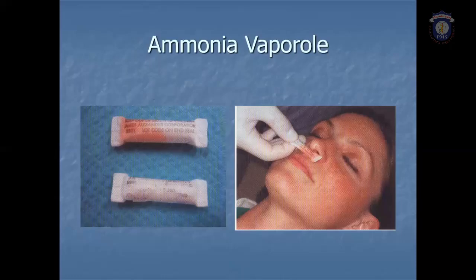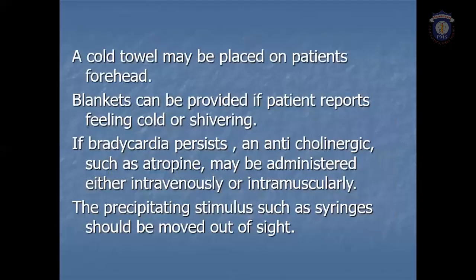This is to irritate the nasal mucosa so that respiratory movement starts. It helps to expand and contract the lungs so that blood is pumped out of the heart and goes to the vital centers so that the ischemia will be reduced. So ammonia acts as an irritant.